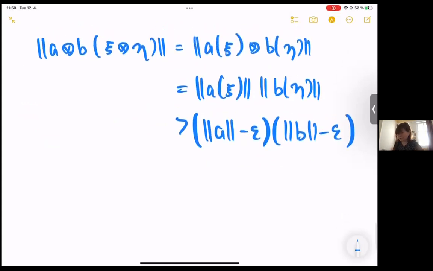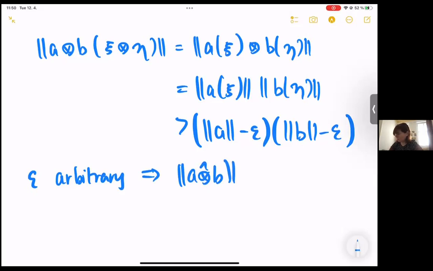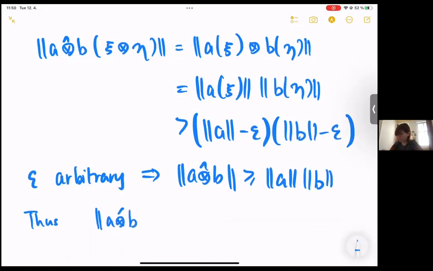And since epsilon is arbitrary, we must have that, I should have a hat there, I guess, that this is greater than or equal to the norm of A times the norm of B, which is what we wanted to show. So indeed, the norm of A tensor B is just the norm of A times the norm of B.